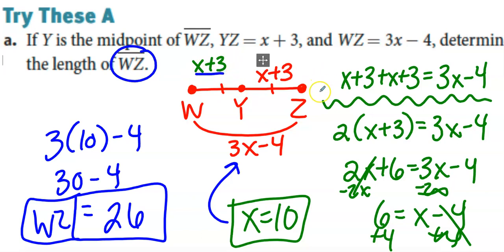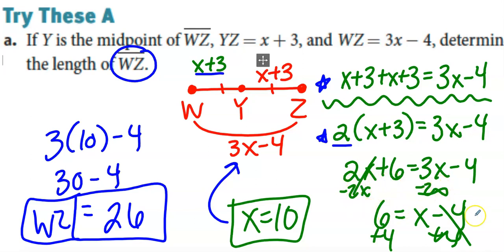Then there are two ways to set up your equation with the segment addition postulate. You could say this part plus this part equals the whole. Or we could have gotten a little fancier with the distributive property. I know I have 2 of my x plus 3's, and that will equal the whole. So again, either way of writing it, you will still get the same answer.